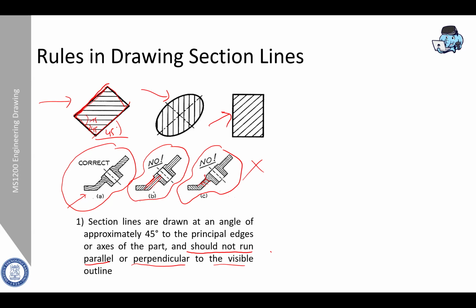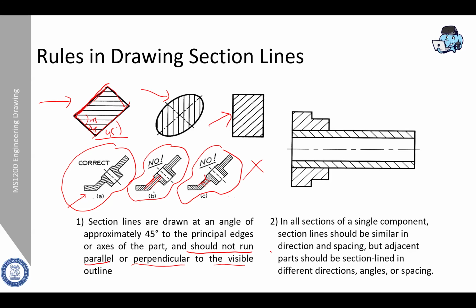Okay. Second, in all sections of a single component, section lines should be similar in direction and spacing. So actually this shows you a shaft, for example. Not necessarily a shaft, but a tube, let's say the tube, tabung.